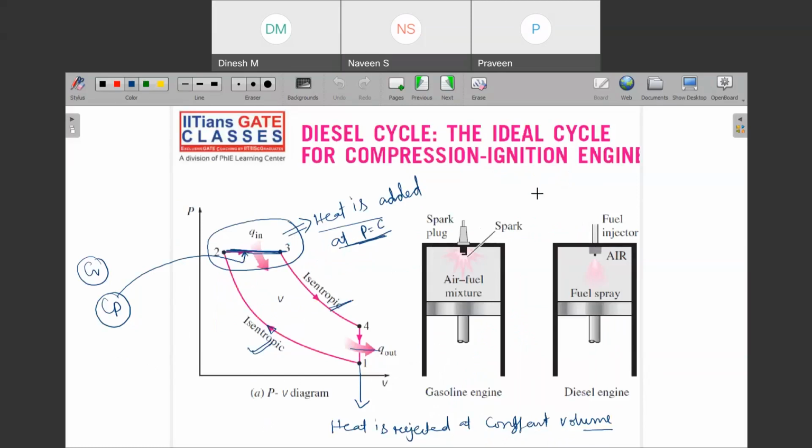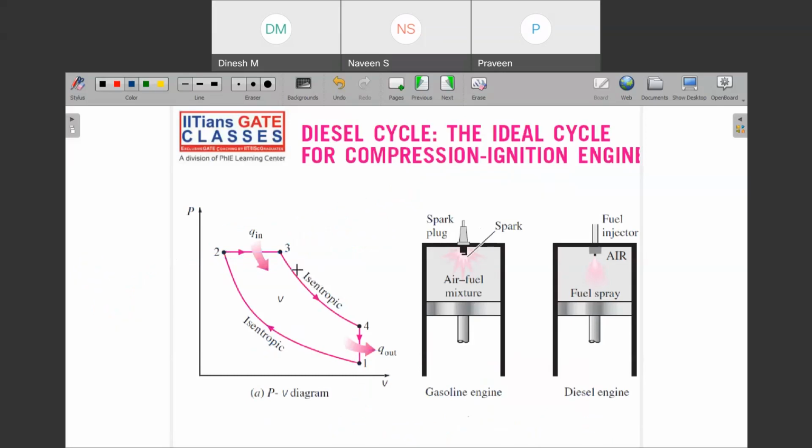Let me erase the ink first. Okay, let us see. There is one ratio initially in your Otto cycle. What was there, that V2 and V3 was like this, right? But here we have V2 and V3 like this. So let us find out what this ratio is.